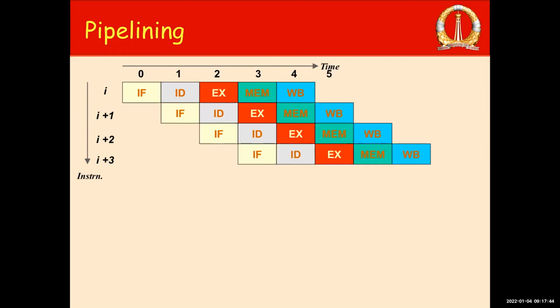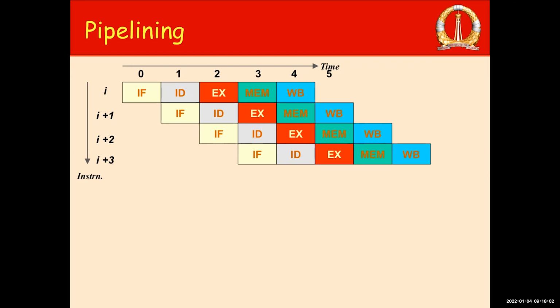Similarly, when the I+1 completes its instruction fetch, the I+2 can be fetched, and so on. By that time the ith instruction would have finished the instruction decode stage and it will go to the execute stage, and so on.